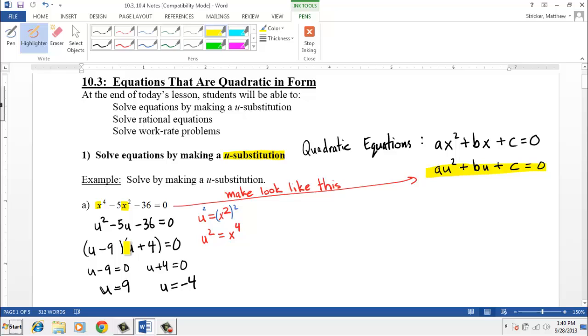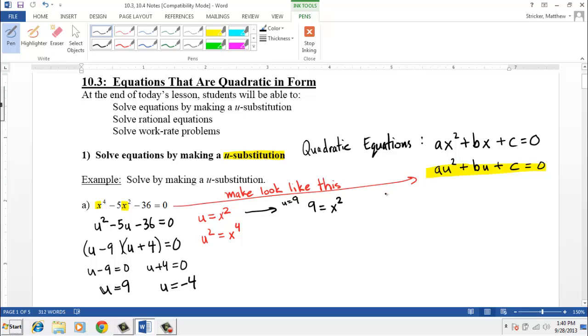And I think the easiest way to do that is to go back to what our substitution was. Our substitution was that U was equal to x squared. So if I take my first answer, which was U equals 9, then that would be 9 equals x squared.